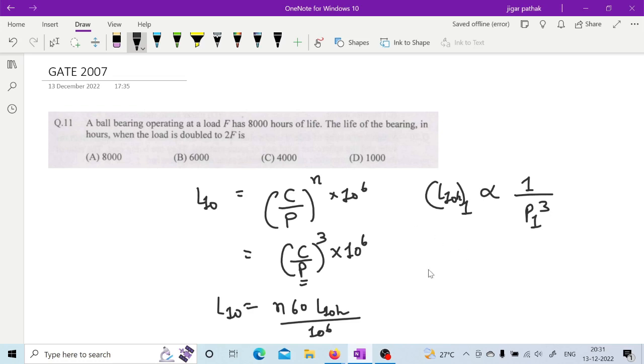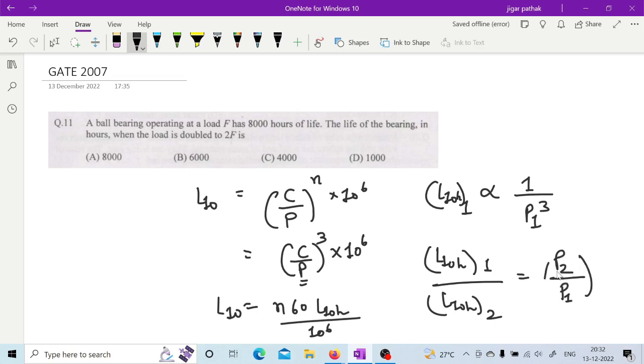Yes, sir. So L10H1 is proportional to 1 upon P1 cube. So if we take the ratio, L10H1 upon L10H2 is equal to (P2 by P1) cube, correct? What we are given is P1 is F and P2 is 2F, and we are provided with L10H1.